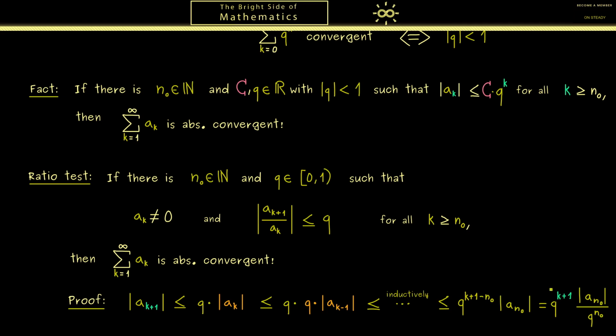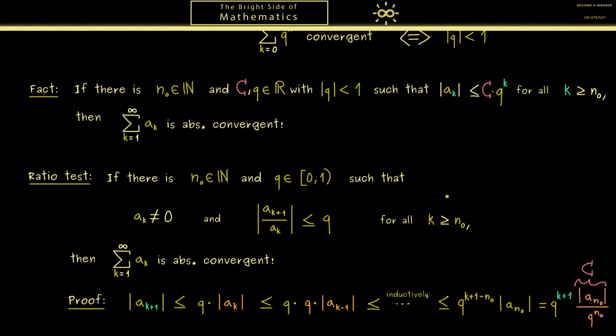We do this because now this whole inequality, left hand side and right hand side, is of this form here, where our constant c is simply this fraction here. However, this whole thing now means that all the requirements of the majorant criterion are satisfied. Hence we can conclude that the series is absolutely convergent and we have proven the ratio test.